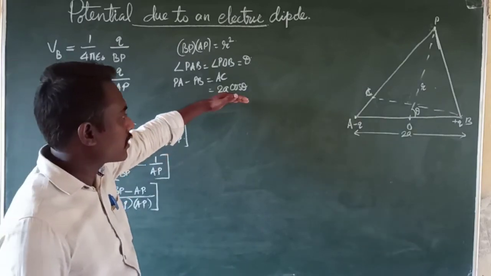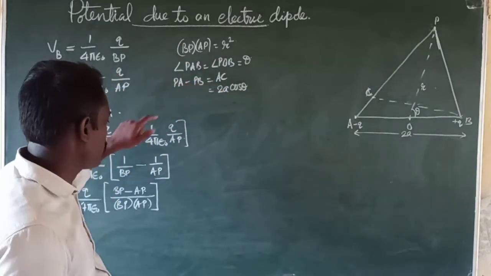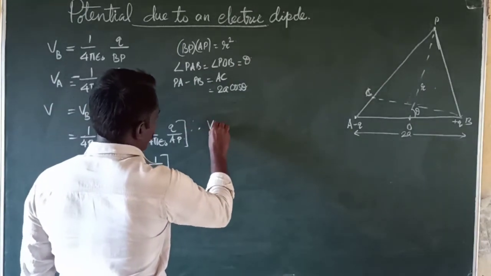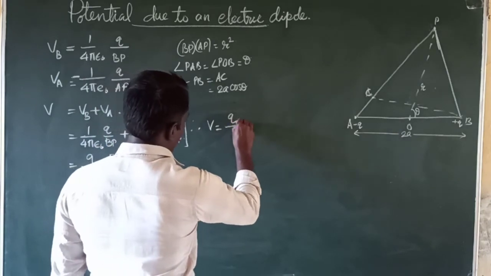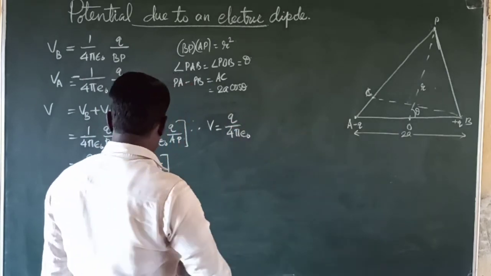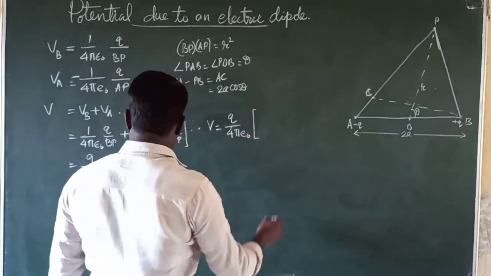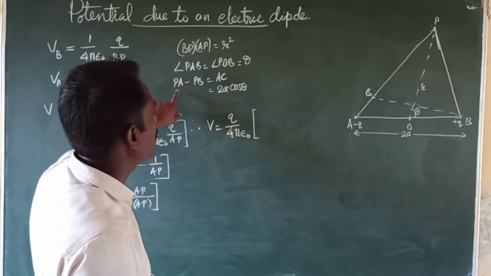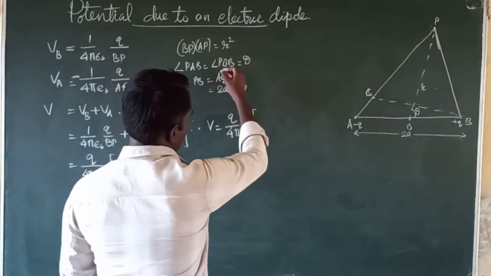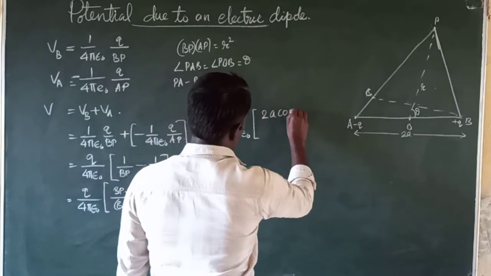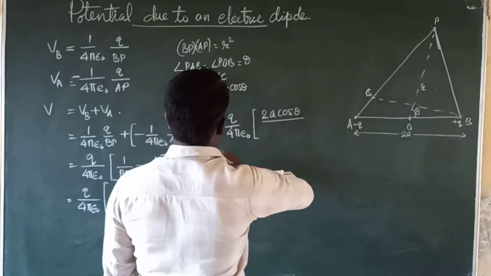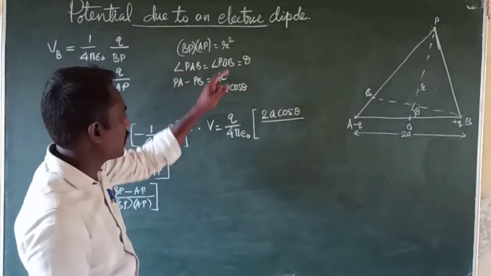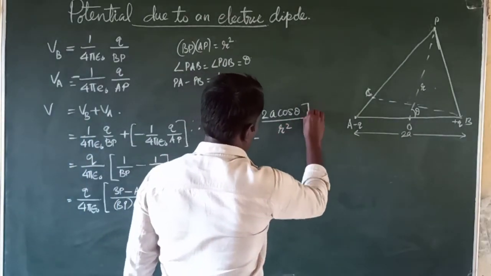Now these assumptions we are going to substitute in this equation. So what we will get? Therefore V is equal to Q divided by 4 pi epsilon 0 into BP minus AP, which can be written as AC, and AC is equal to 2A cos theta, divided by BP into AP, which can be written as R square.